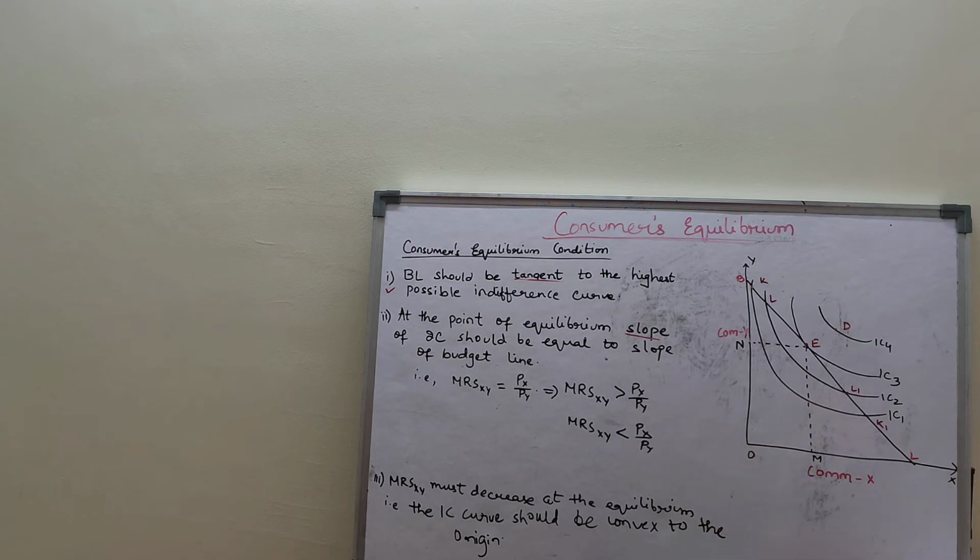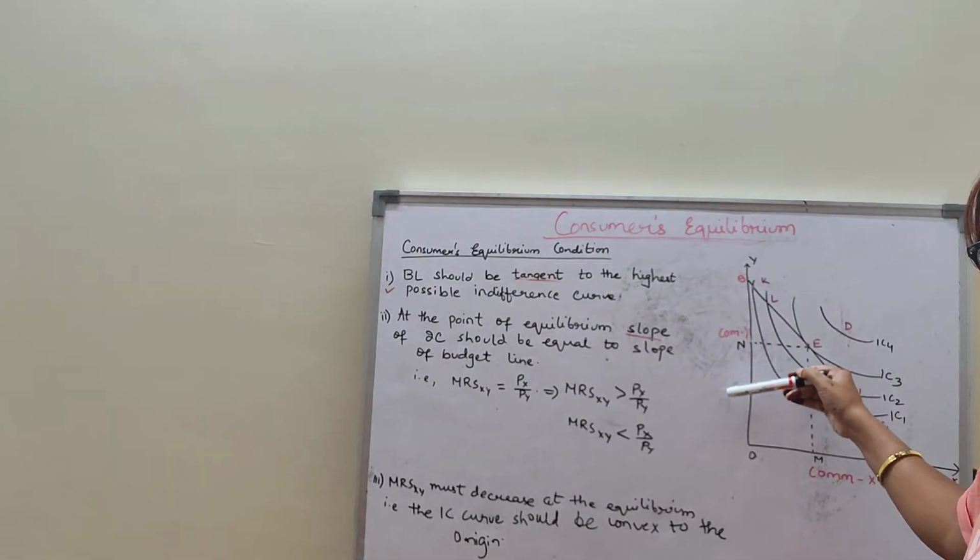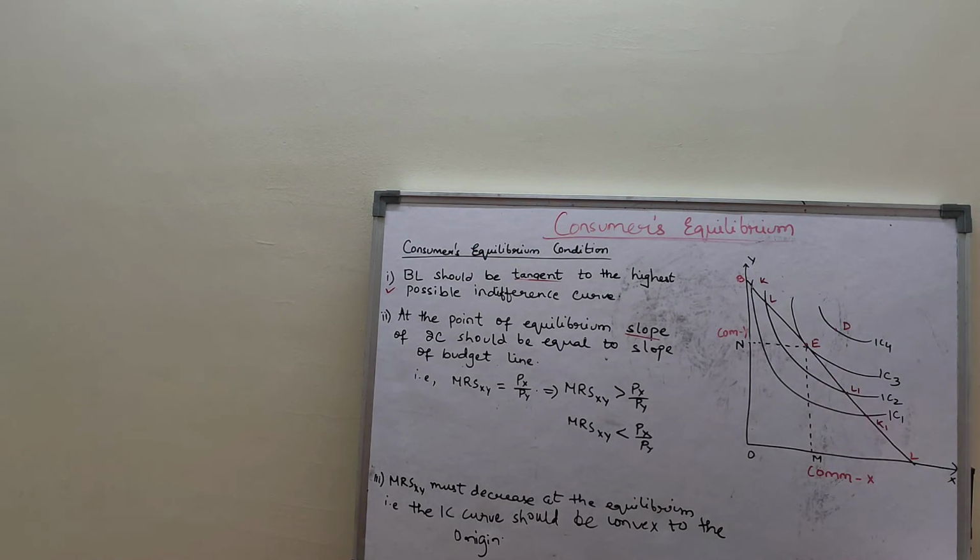Clear? When his satisfaction level falls, he is willing to give up fewer units of the other good, that means the good Y. So what happens? Here MRS falls and therefore the indifference curve shape is convex.